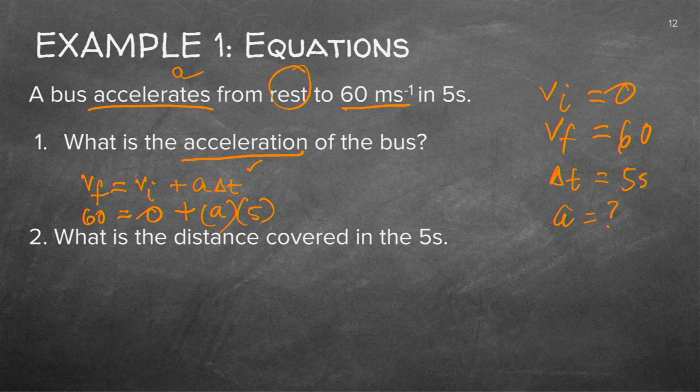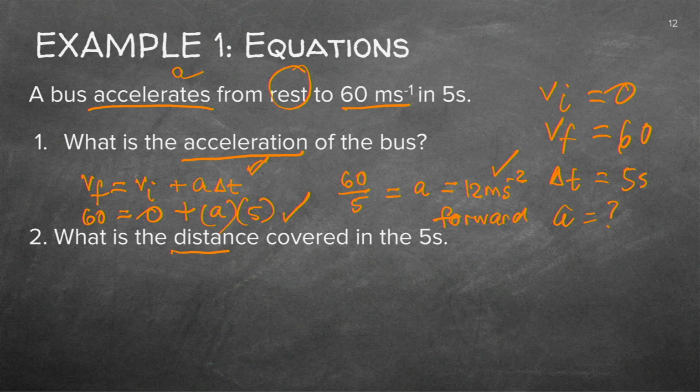So if we then do the math, we'll find 60 over 5 equals a, and that you know is 12 meters per second squared. There's no direction, so you'll say forward or in the same direction. Did you get the first mark? I hope. The second mark will usually be for substitution, and the final mark will be for the answer.